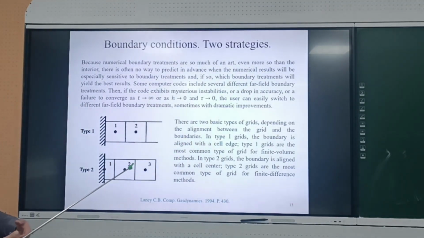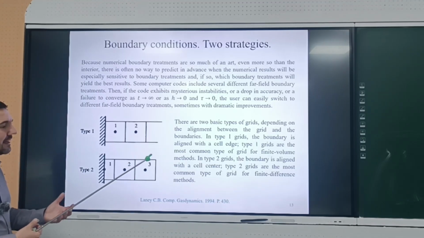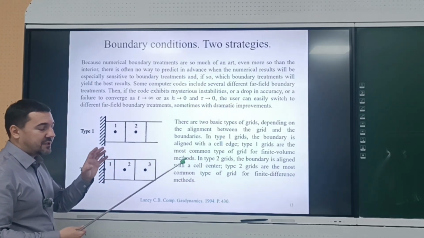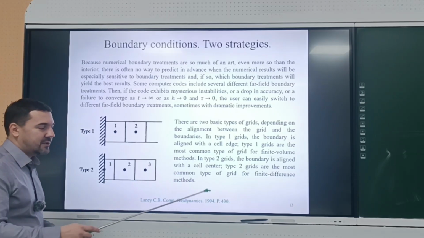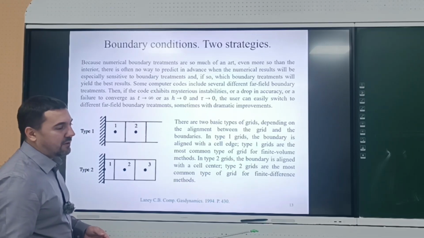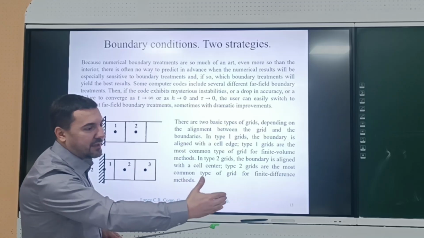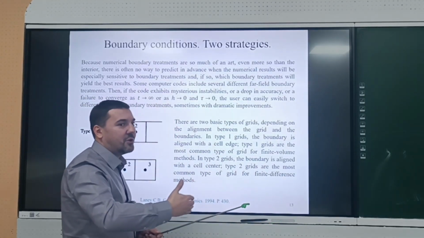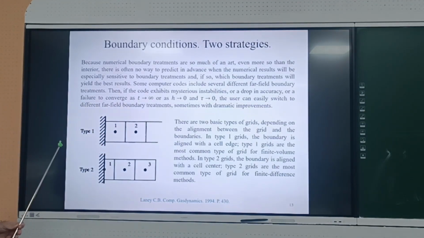So actually, the boundary conditions are a sort of art, and as I told, the results that you obtain, especially for the subsonic case, are defined by your boundaries. For example, if you impose boundary conditions somewhere here, nobody knows what will happen if you add some more length to your computational domain and impose this condition at 1 meter, for example. For sure, you will somehow change your numerical results, and that's a problem.